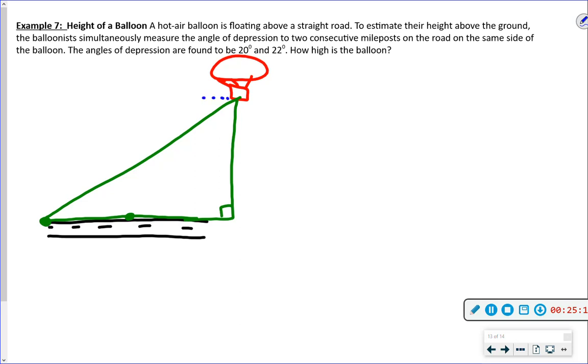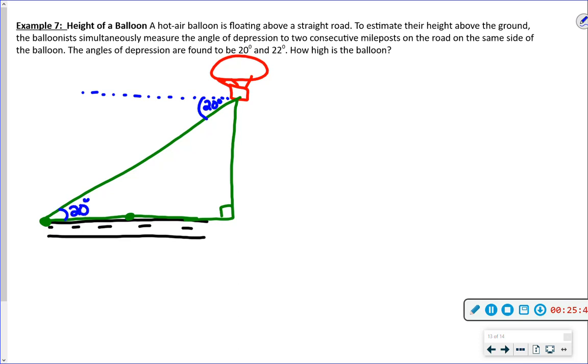I'm going to draw a parallel to my road, horizontal, because remember I threw out alternate interior angles, that's coming at us. And it says the balloon has two angles of depression. One of them is 20 degrees, and the other one is 22 degrees. So I'm going to let this guy be my 20 degrees. So this angle would be congruent to this one, because they're alternate interior angles.